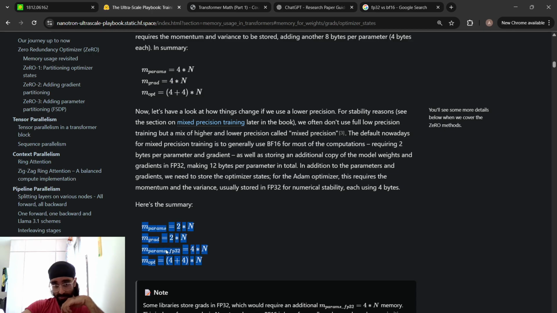But if you're using FP16 or BF16, a lot of times to keep the training stable, we also keep a master copy of the parameters, because we update them.